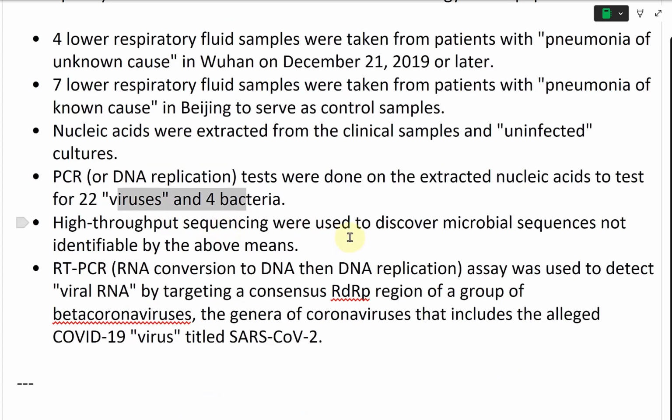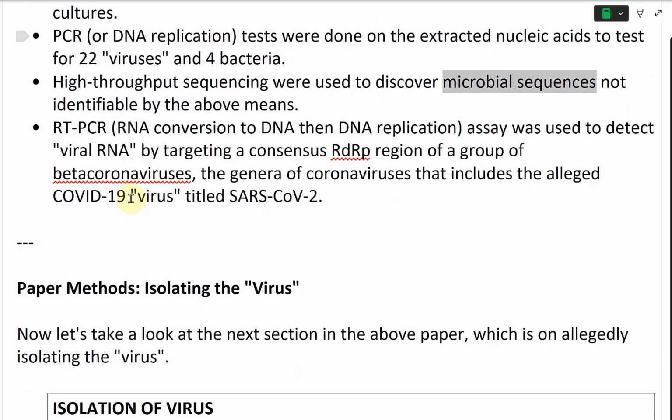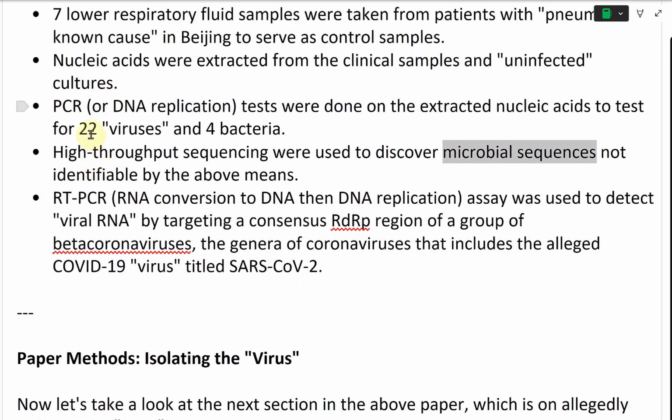So high-throughput sequencing was used to discover microbial sequences, looking for these molecules and not the actual virus, not identifiable by the above means, which we're testing for. Testing for the known sequences. And also, using PCR and so on. And going further, so RT-PCR, so again, the PCR is DNA replication.